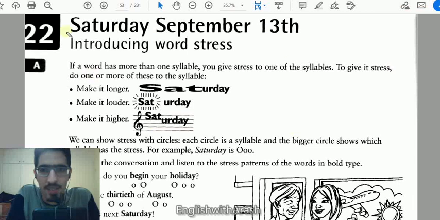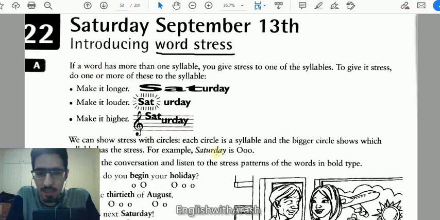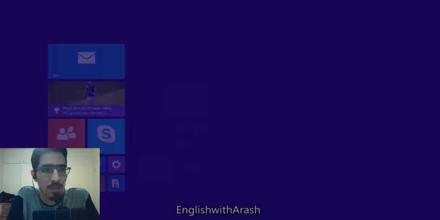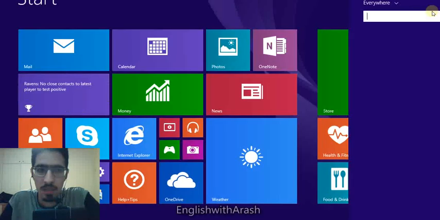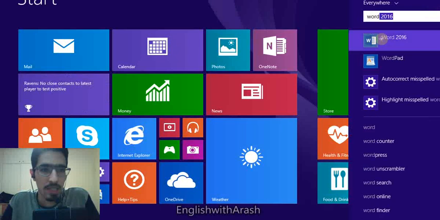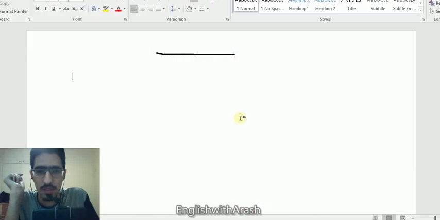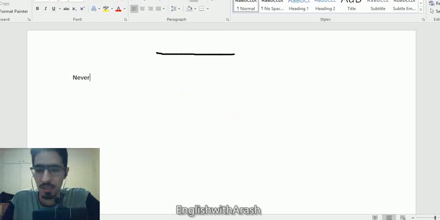So, stress patterns is what we are talking about right now. Before I do that, we can open a Word file. So I tell you about this. I'm gonna write 2 words here.